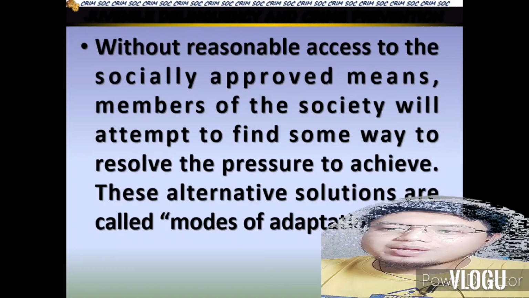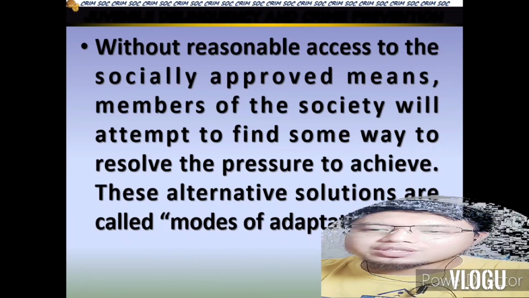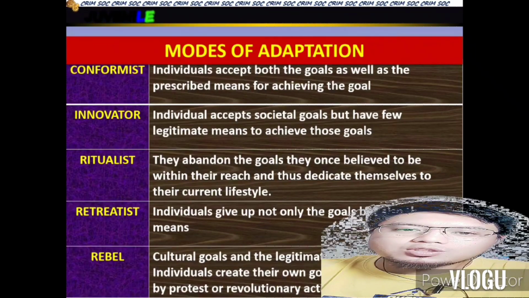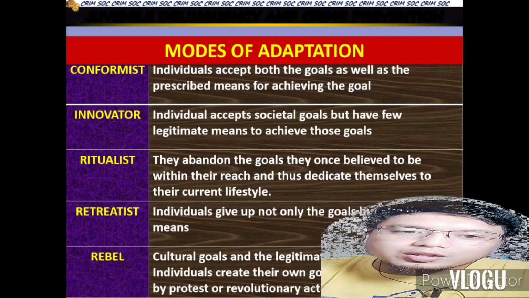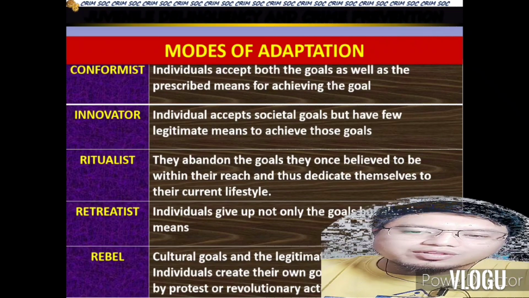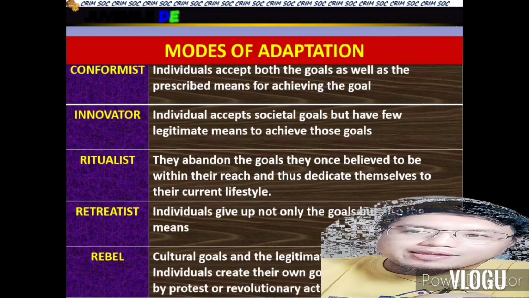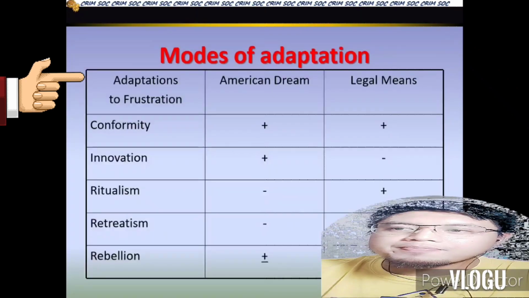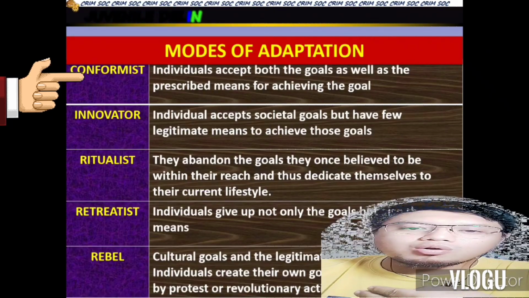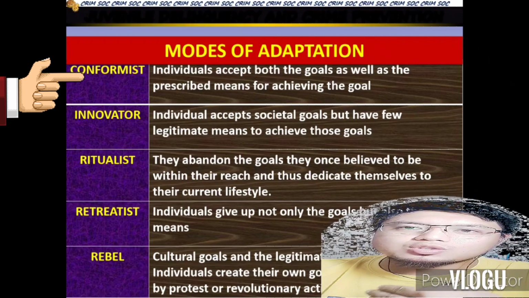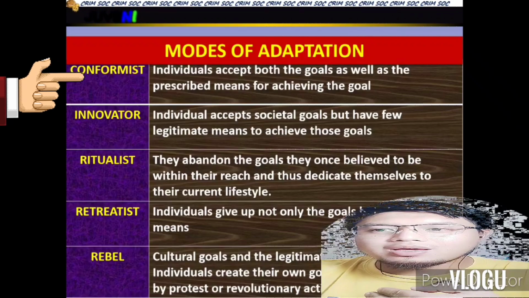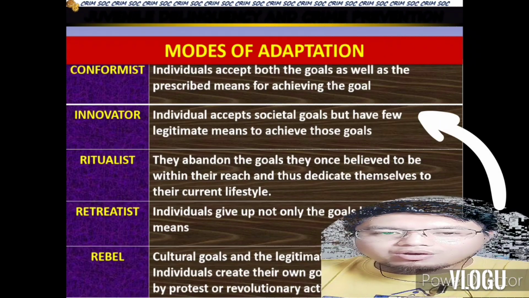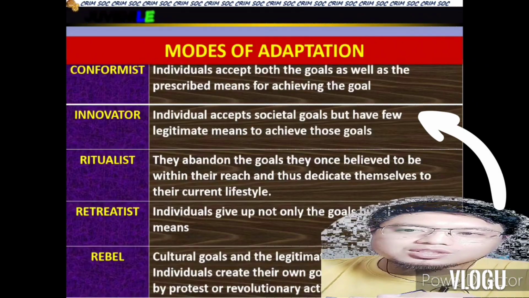These other ways for them to achieve their American dream are considered by Robert Merton as modes of adaptation. So there are conformist, innovator, ritualist, retreatist, or the rebel. So if I accept the goal to reach the American dream, or to reach the goal that I want, and the means of achieving it is also followed, I am a conformist. But if I accept the dream, and I only use a few legitimate means, I am an innovator.